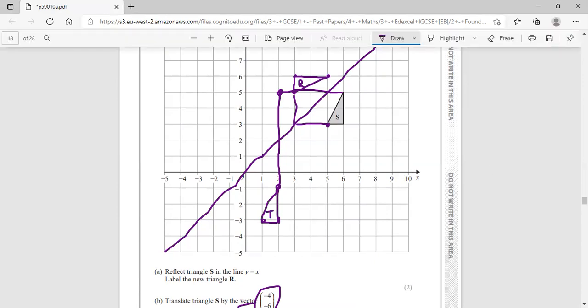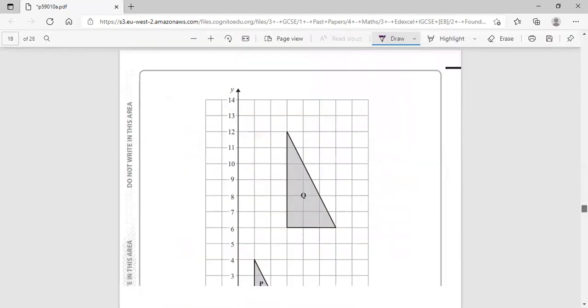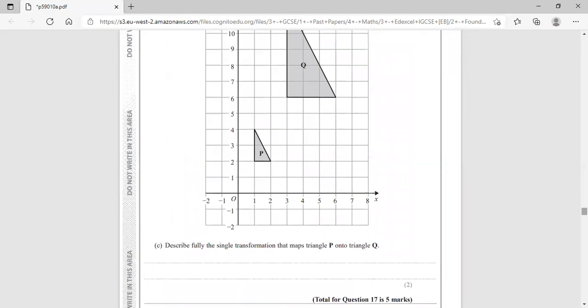Next part. We've got describe fully the single transformation that maps triangle P onto Q. It's going to be an enlargement, as you can see we're getting bigger. You need to have 2 points there. It's an enlargement, that's point 1.